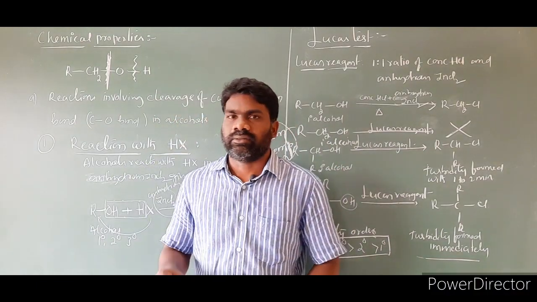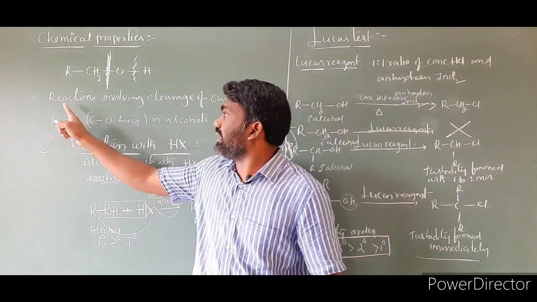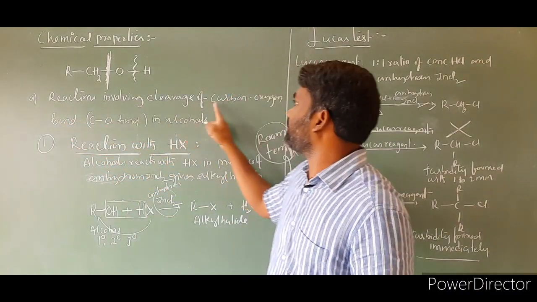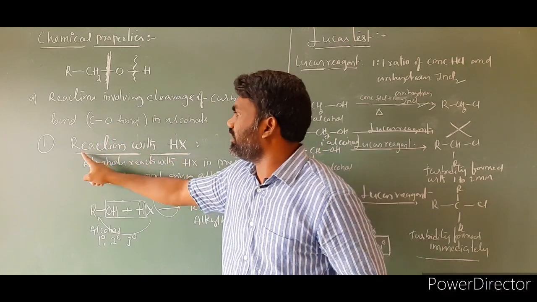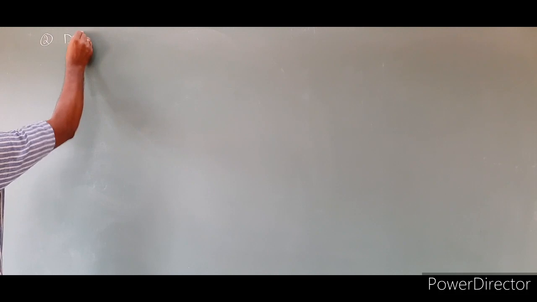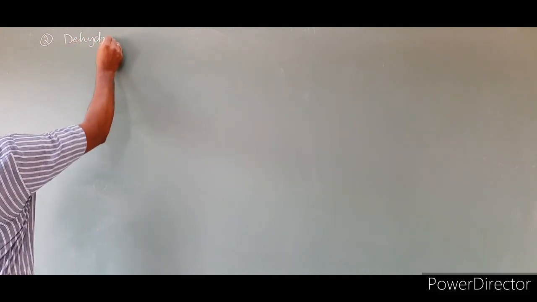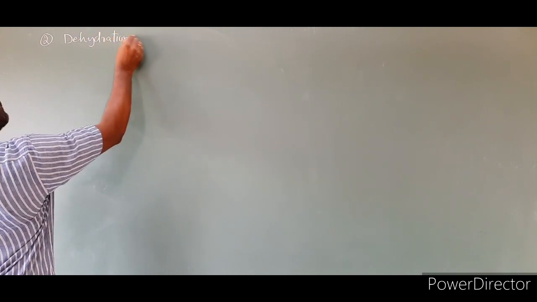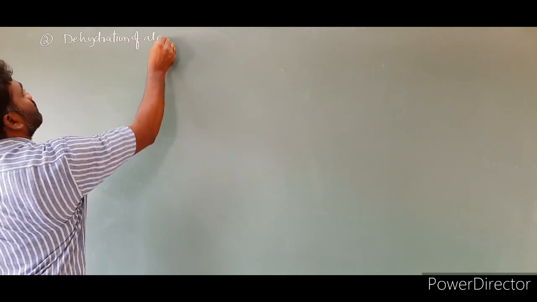This is reaction number 1, reactions involving cleavage of the carbon oxygen bond, in that reaction with HX. Next reaction is dehydration of alcohol. This is the second one. Dehydration of alcohols.